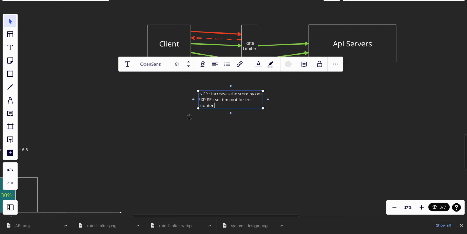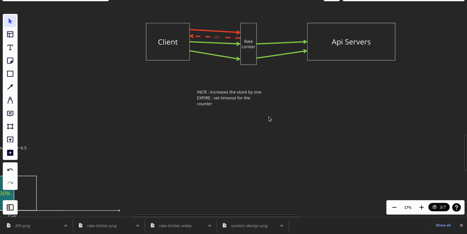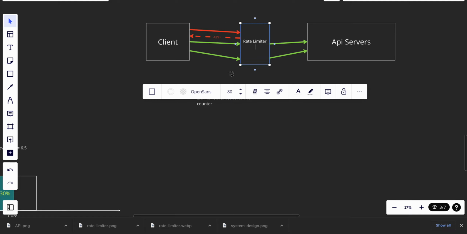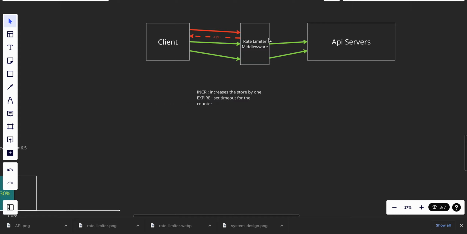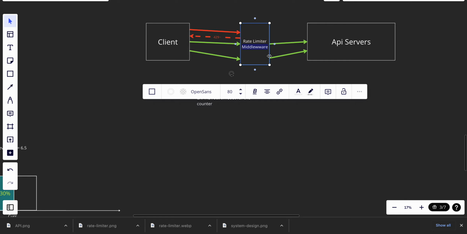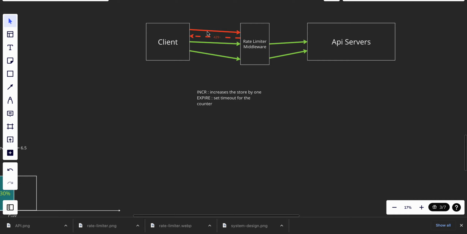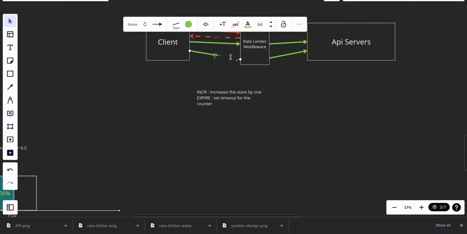So let's assume that we have the client, and a rate limiter middleware. The client sends the request.